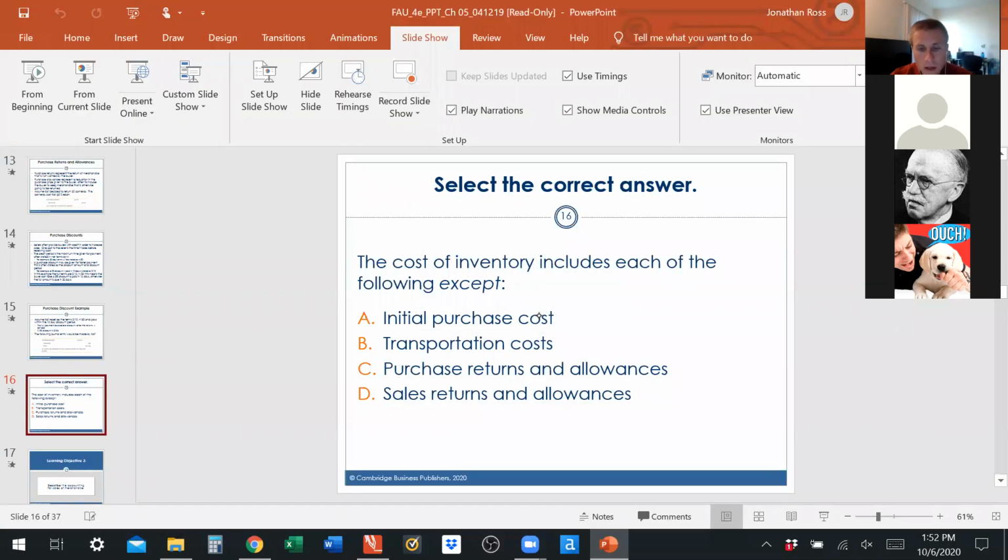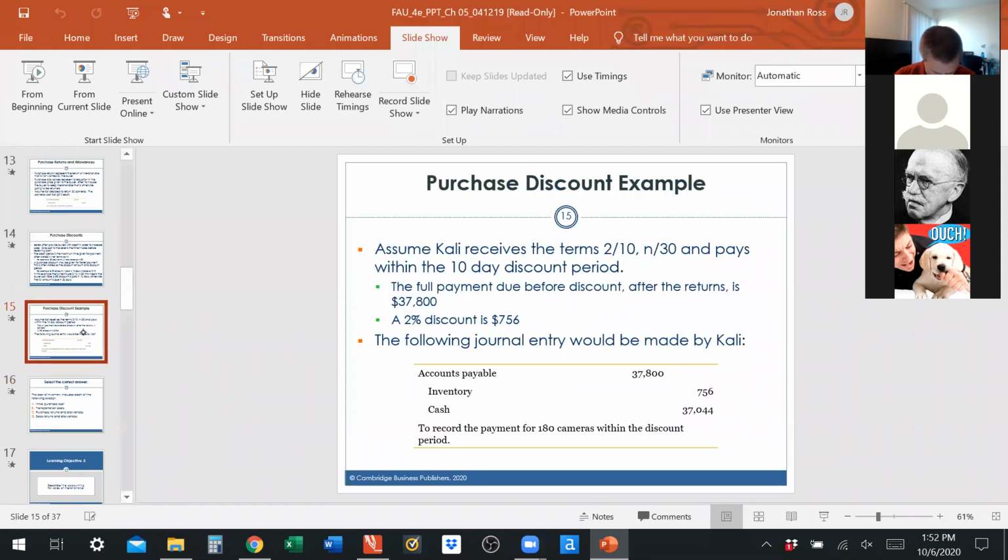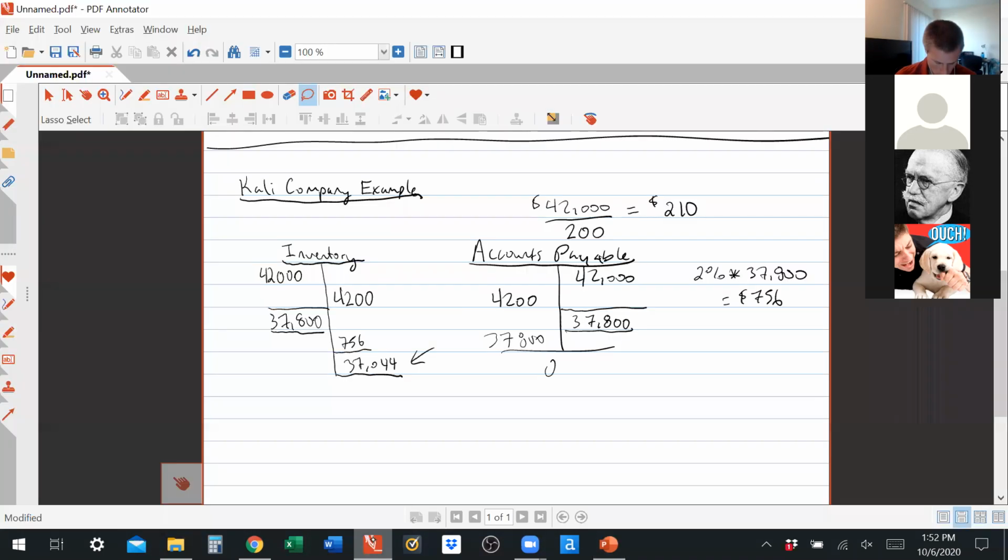All right, somebody asked something about inventory on the last slide, whether it should be on the debit side. No, they shouldn't. Everything's right as we have it.